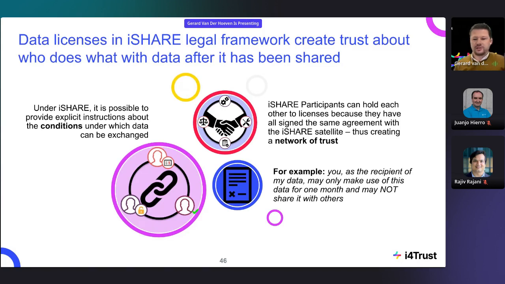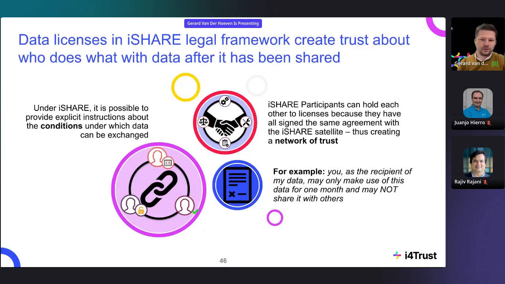First of all, the data licenses, because of course the use of data is crucial to data sharing. We showed a lot about data access already, but the data usage part is covered by legal licenses that are grounded in the shared legal framework of iSHARE, which gives the conditions under which the data that you're sharing with other parties can be used.